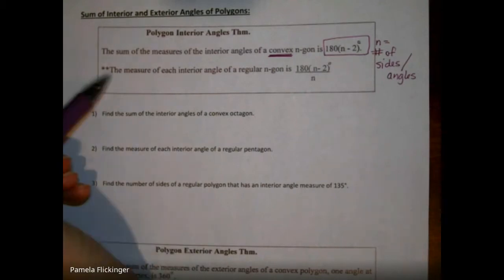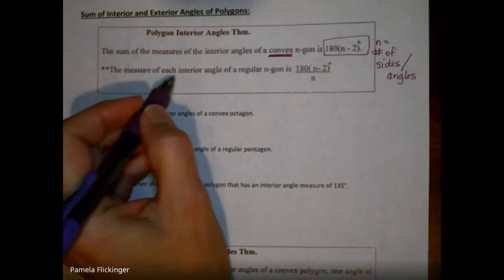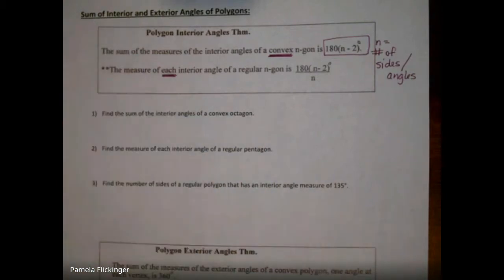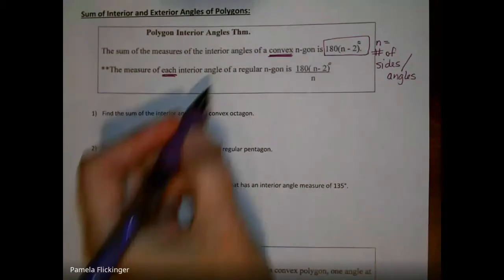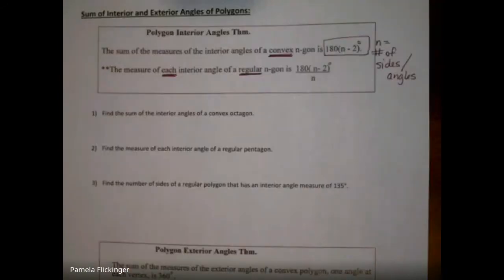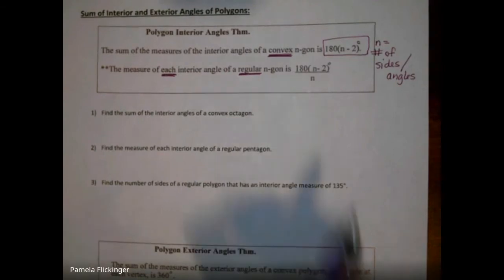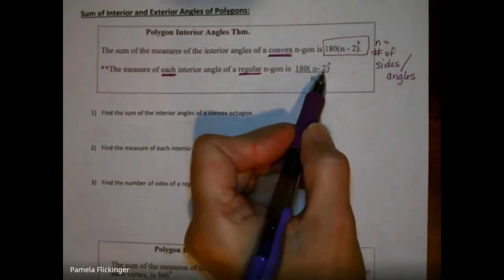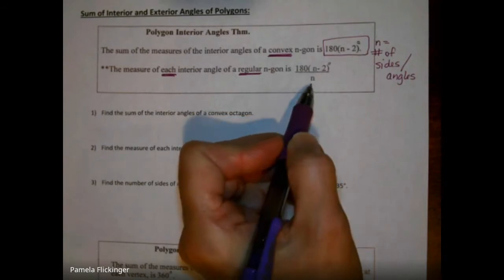Now the second formula, because you're going to do problems that ask you for the measure of each interior angle. So we've got the one formula for the sum, but if we wanted to find each interior angle, and notice it has to be for a regular n-gon, which means all the angles have to be the same, then we simply take our sum, 180 times the quantity n minus 2, and divide by n.